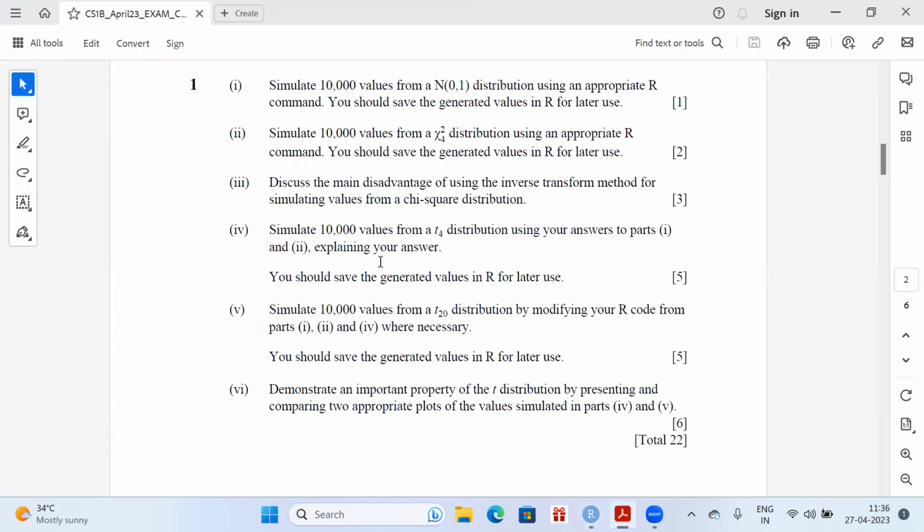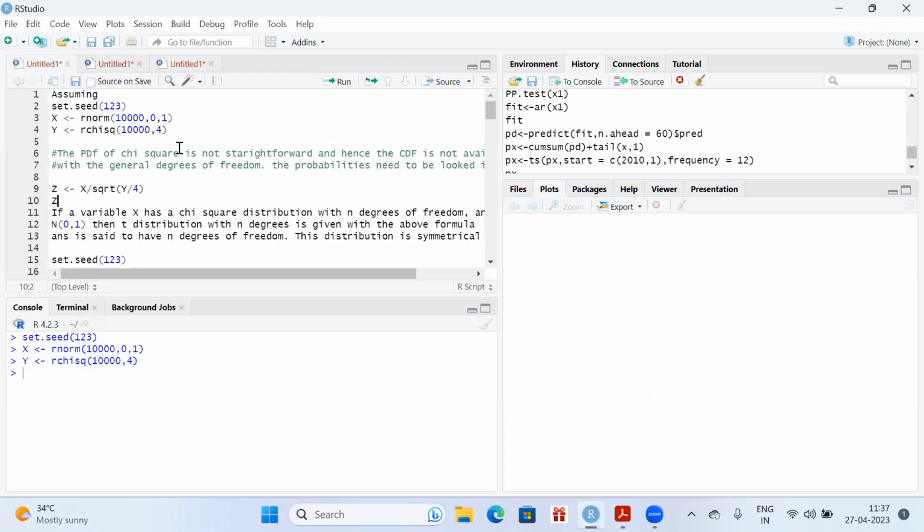Simulate 10,000 values from a T4 distribution using our answers to parts 1 and 2, explaining your answer. Directly we have the T distribution inbuilt in R as well, but since it says using the answers of parts 1 and 2, we'll use X divided by sqrt(Y/4). The formula for a T distribution is a normal 0,1 value Z divided by the root of a chi-square value over its degrees of freedom, which gives values from a T distribution.